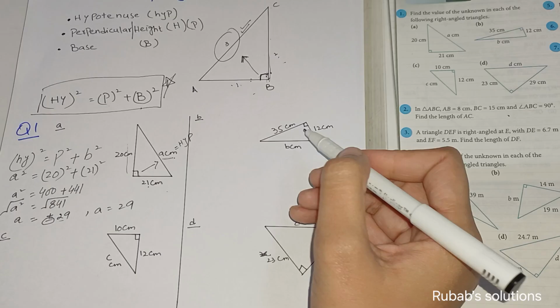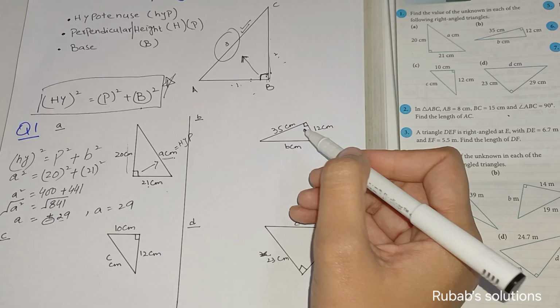Clear? Now, what is the rule for that, that is Pythagoras theorem? It's always hypotenuse square is equal to perpendicular square plus base square. This is the rule that we will apply to solve our questions. But the very first thing is that you have to identify. When your identification is wrong, then obviously your question will go wrong.